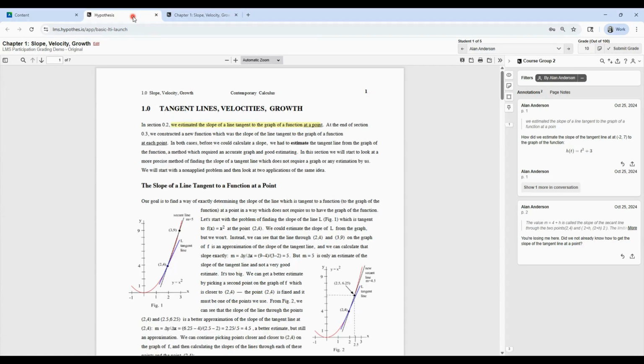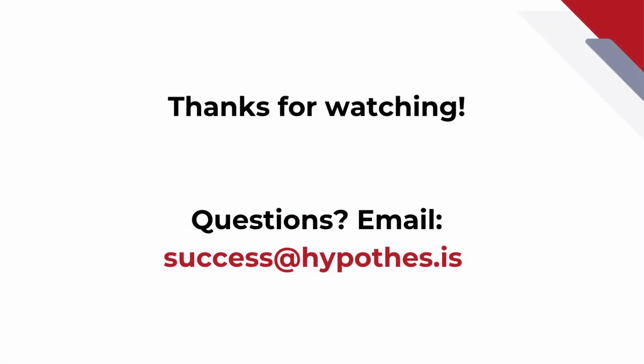If you are trying to grade using the Blackboard grading bar, but don't see one enabled in your Hypothesis assignment, please contact the Hypothesis Success Team or your school's instructional design team or Blackboard administrator. For more on grading annotations in Blackboard, be sure to check out our other videos and support articles.